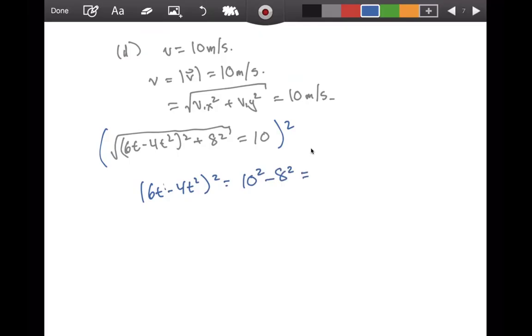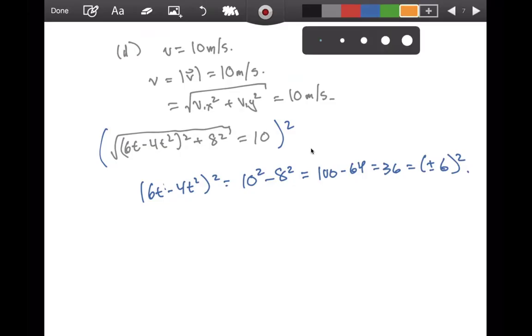Well, 10 squared minus 8 squared is the same thing as 100 minus 64, which is 36, which is equal to plus or minus 6 squared. That will be important in just a second. To get rid of the square here, we take the square root of both sides.